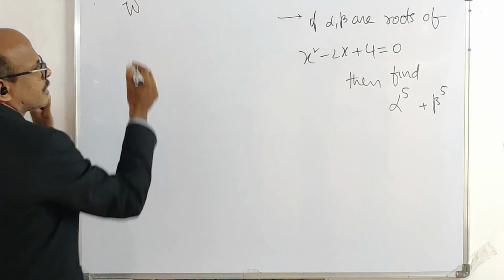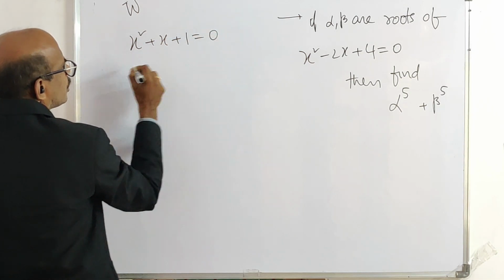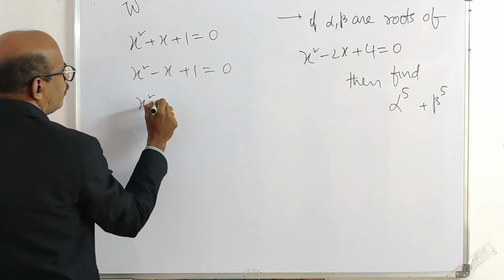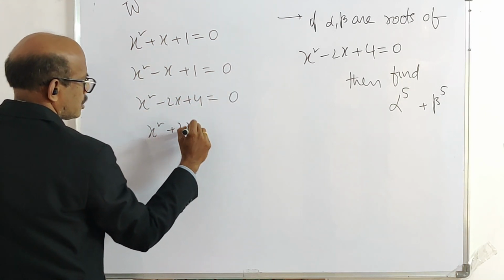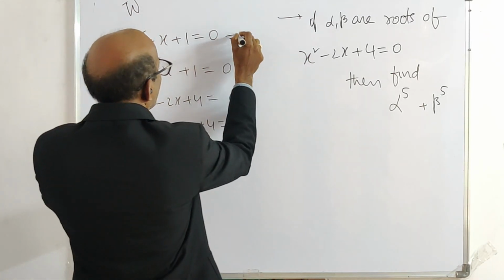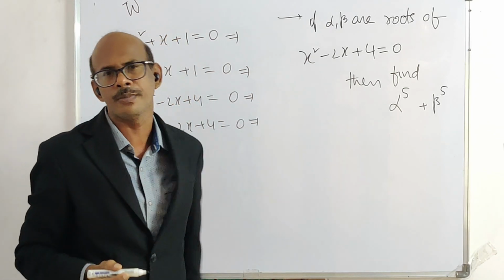Only your concentration is required. My dear student, x square plus x plus 1 equal to 0 is a standard equation. Suppose these four are standard results, if you derive by minus b plus or minus root of b square minus 4ac by 2a.